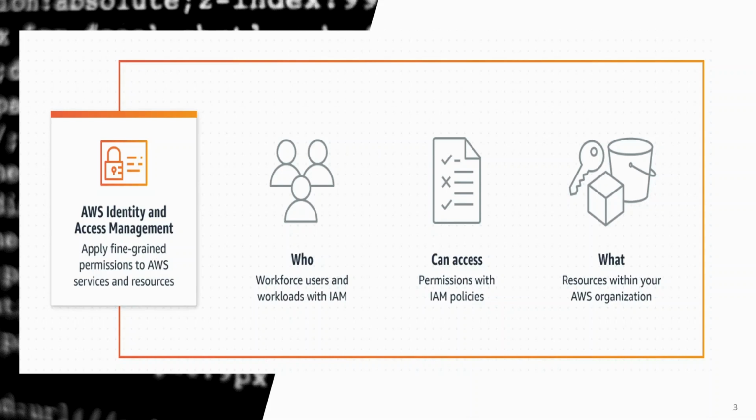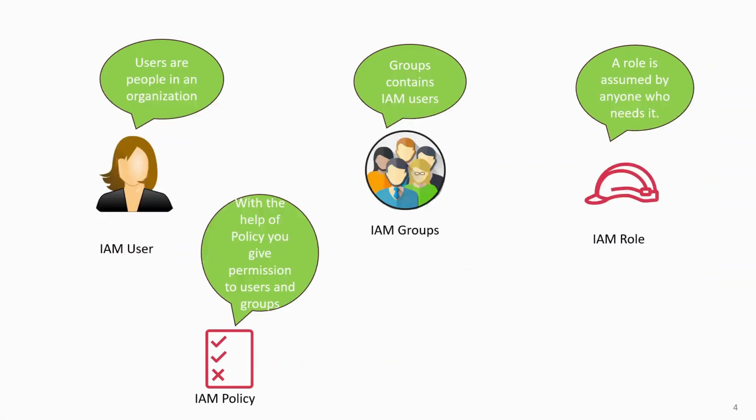So it means workforce users and workloads with IAM, so who can enter your AWS accounts. Then we have a set of policies or permissions that say who can access what resources. It is a set of JSON documents where it shows who can access the various services with which permissions, and then what can be accessed, like which resources can be accessed within your AWS organizations.